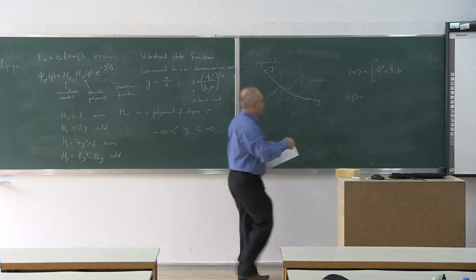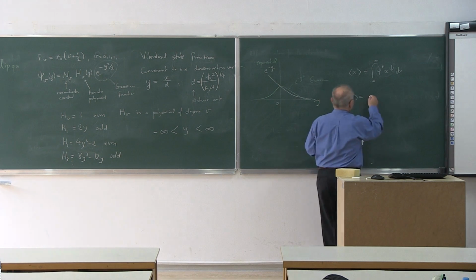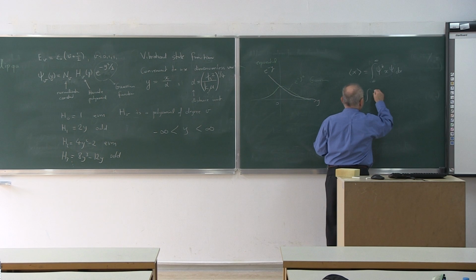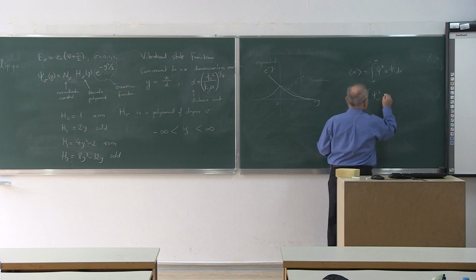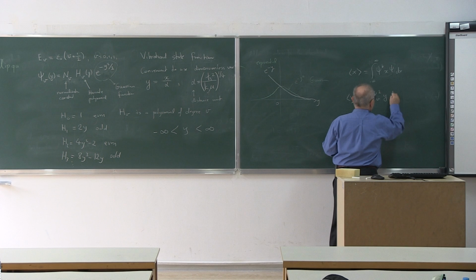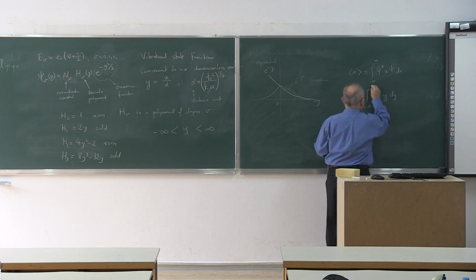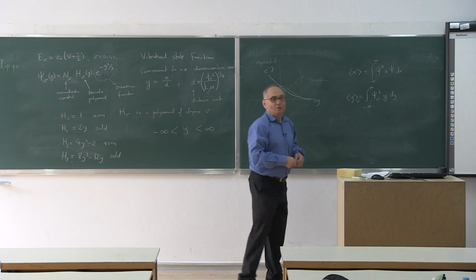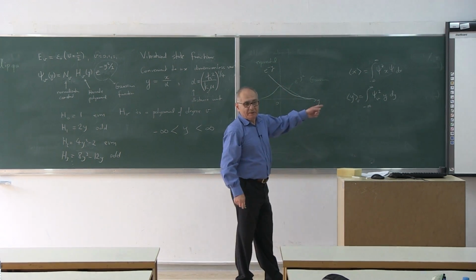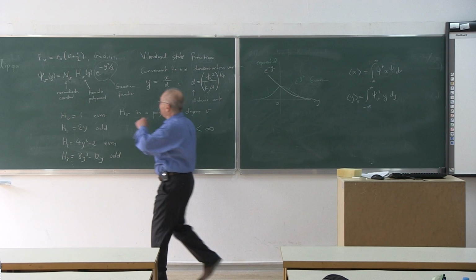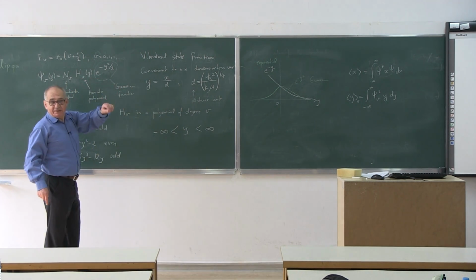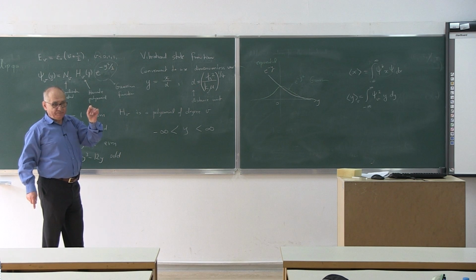So we have the average of y at the vibration level v, the integral of psi v square times y times dy. So what do we conclude for the value of this integral using this property? The square of this expression will always give an even function.